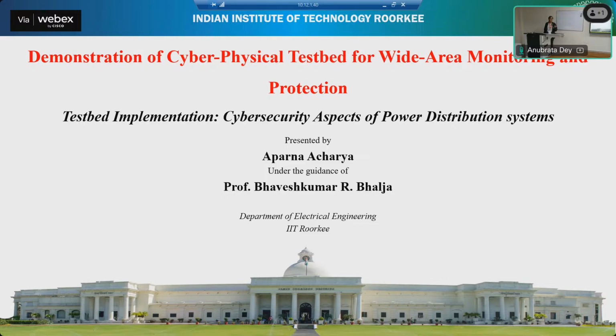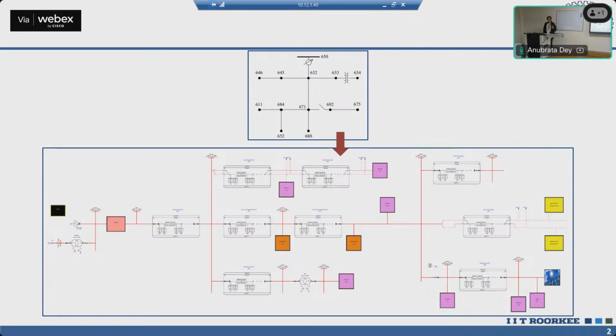Maybe this can be used for SCADA communication or distribution automation communication, specifically between RTU and control center. This is the RSCAD software, where we can build, let's say, a 13 bus distribution system model. We can modify it by introducing DERs or anything based on our requirement. So a modified IEEE standard 13 bus distribution system is modeled in RSCAD.